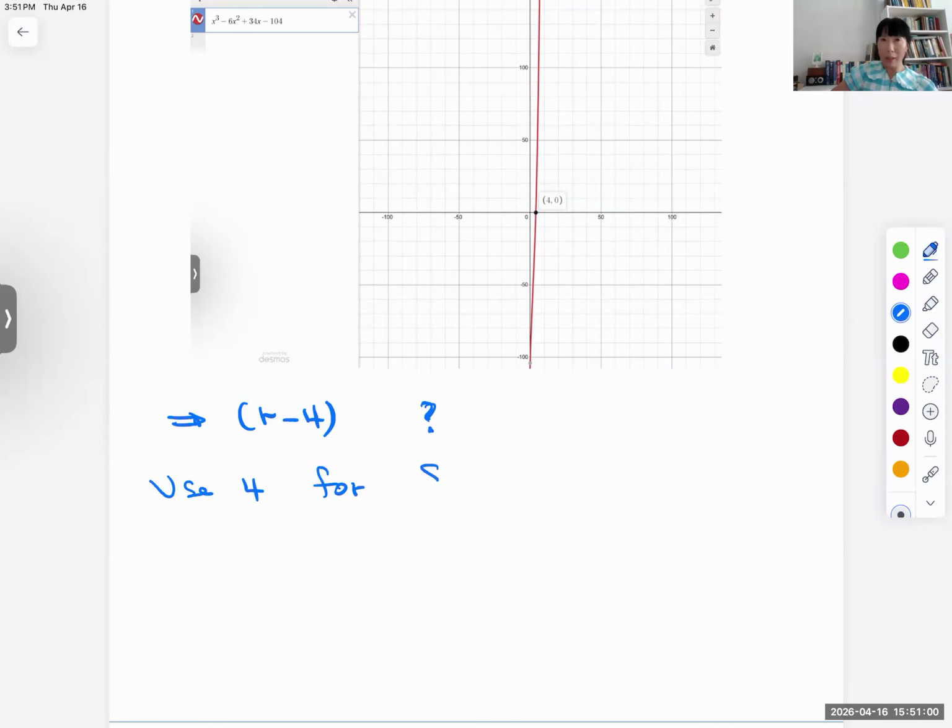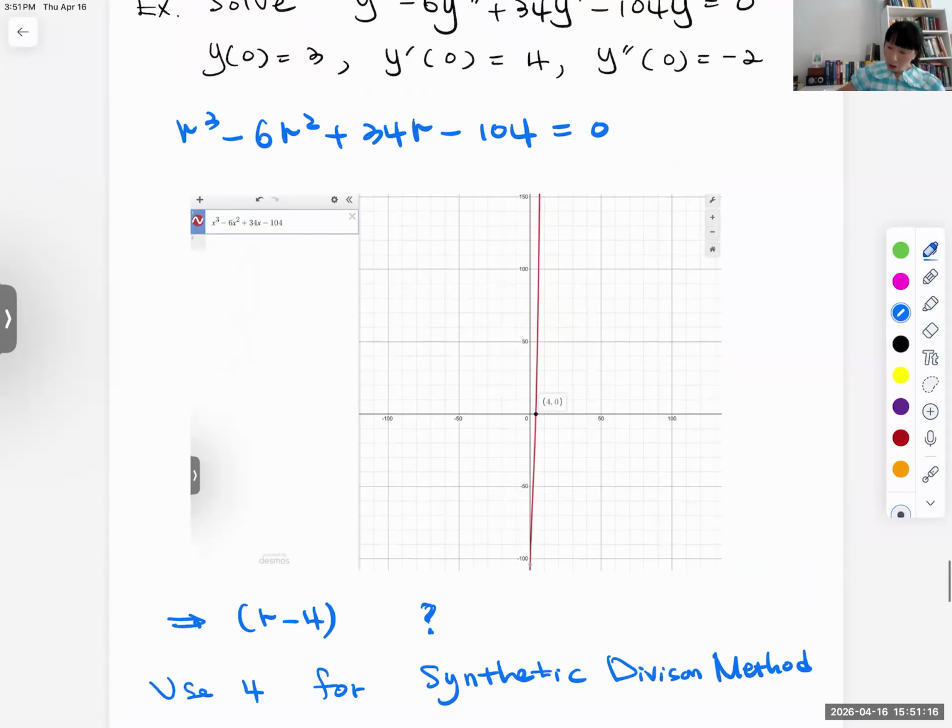for the synthetic division method, right? Okay, so we take the coefficients, right? So +1, -6, +34, -104, right? So we have to have a descending order.